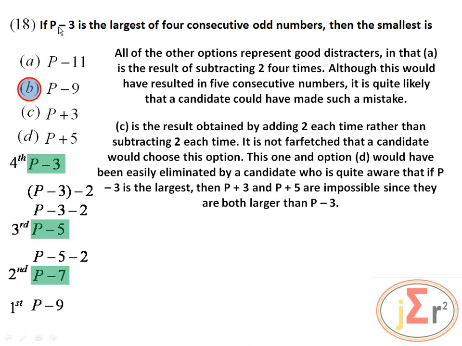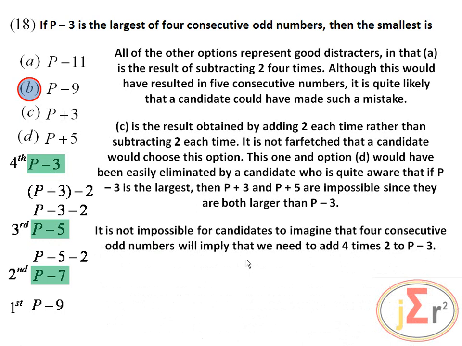When we add 8 to p minus 3, what do we get? P plus 5. On the other hand, the other one might want to take an approach that is similar to this, but instead of subtracting 2 each time, the candidate adds 2 each time, and that will be the result, p plus 3. So they are good distractors.